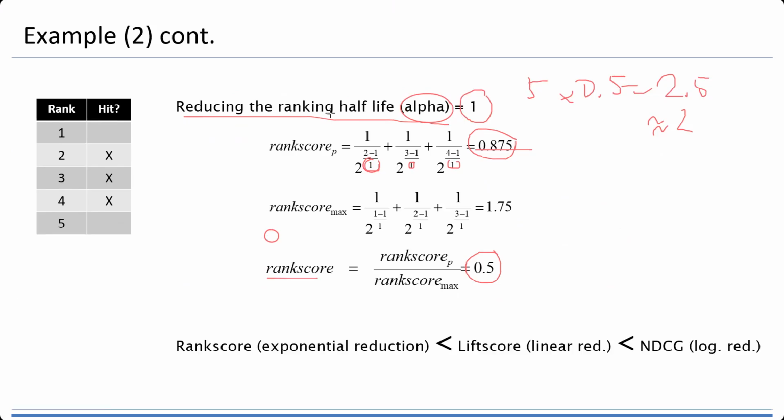That's why, when we talk about the ranking half-life, it is better to keep the value at maybe 50% of the recommended items. If you make it lower, like this one, 2.5 actually, but you make it 2, or let's suppose we make it 1, then you can see the value is different.